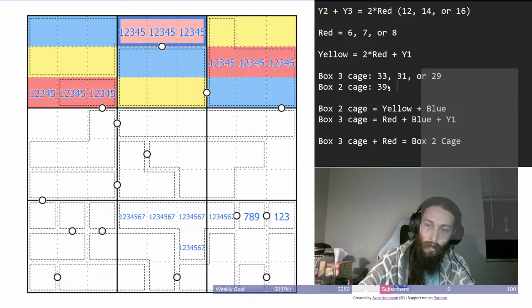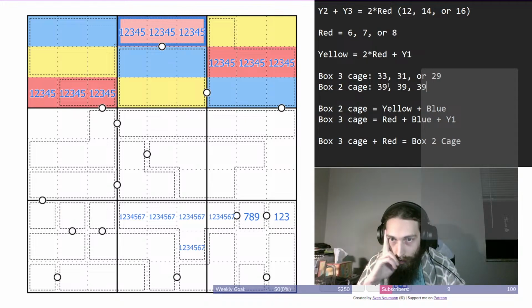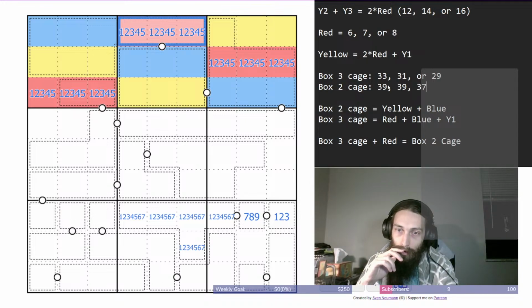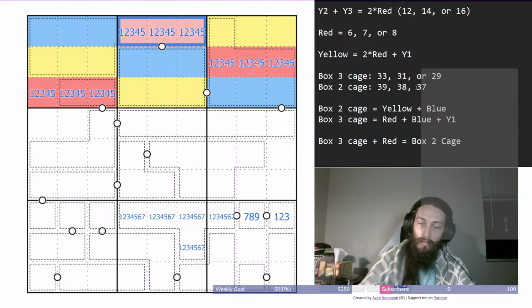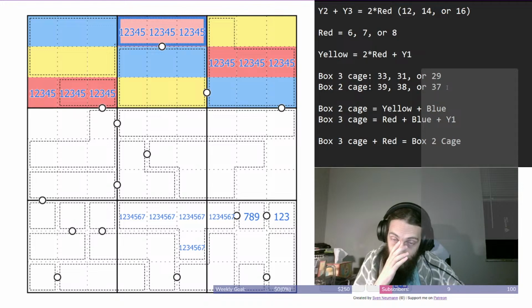So that would be 39, 39, or 39, wouldn't it? No. That would be 37 and 38. Because red is 6, red is 7, or red is 8. Right.